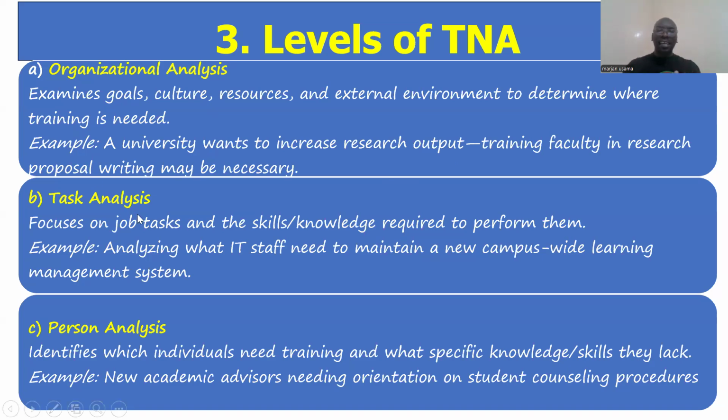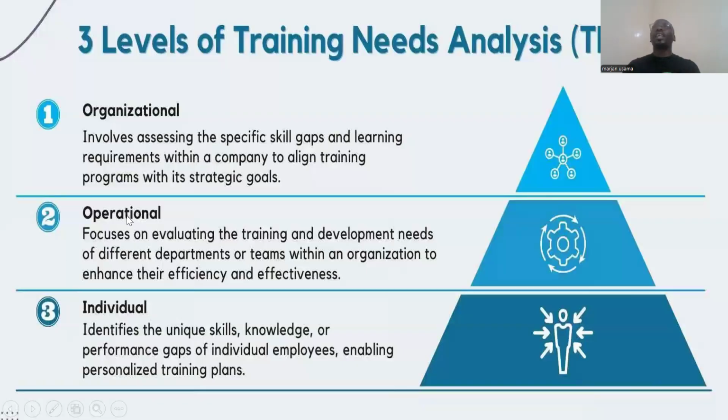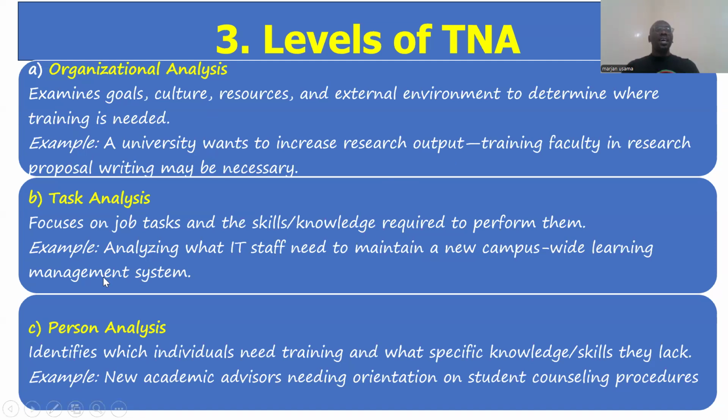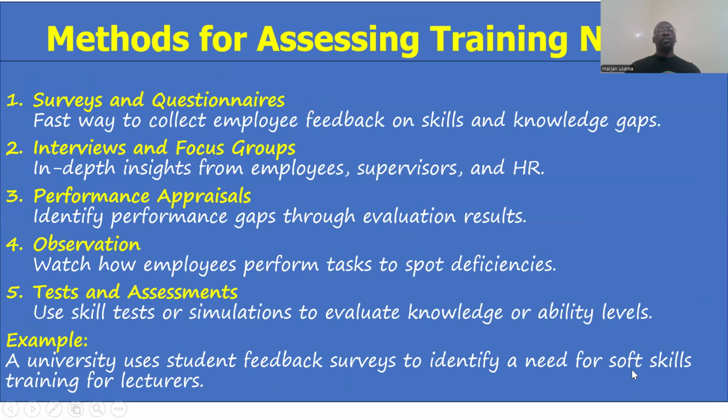Look at the task analysis. The task analysis is the operational analysis, analyzing what IT staff need to maintain a new campus-wide learning management system. Then the person is the individual analysis. For example, a new academic advisor needing orientation on student counseling procedures.